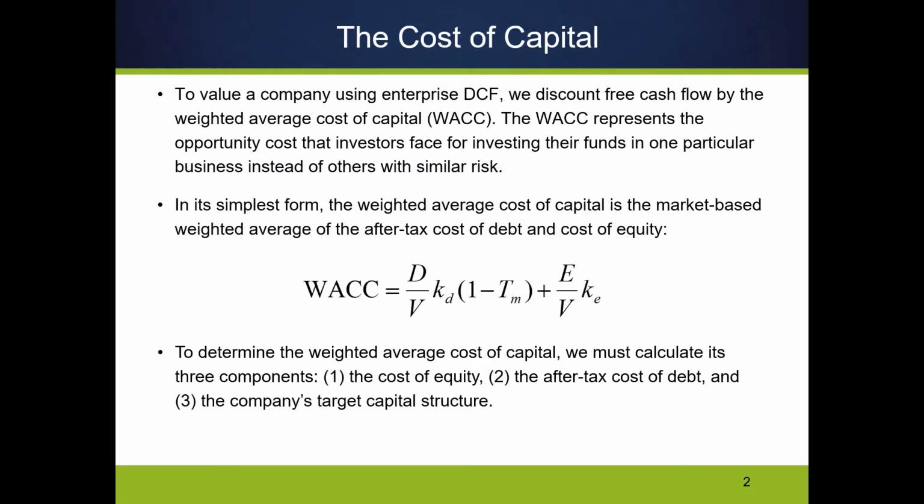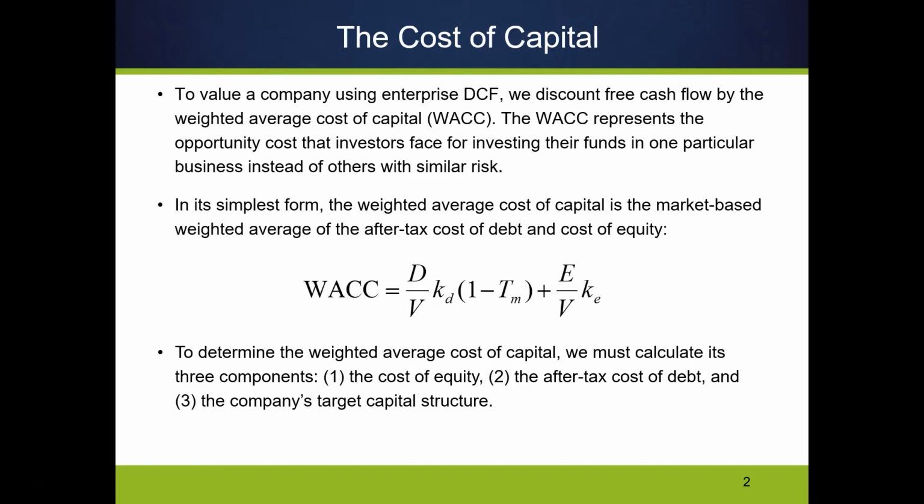Specifically, when we do a discounted cash flow model, we take the present values of the free cash flows, and we discount the free cash flows at the weighted average cost of capital for the firm, more commonly called the WACC. So this is the opportunity cost for investors, but more commonly we think about the WACC just as the average level of risk for all of the firm's investors.